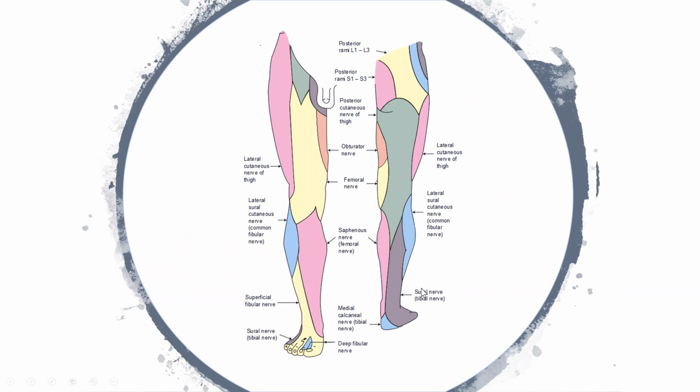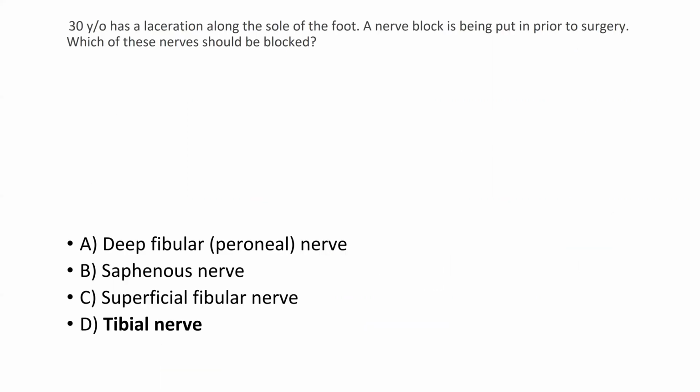If you look on this diagram, the nerve that supplies the foot area is the tibial nerve. So that's the one that we're going to block before surgery.